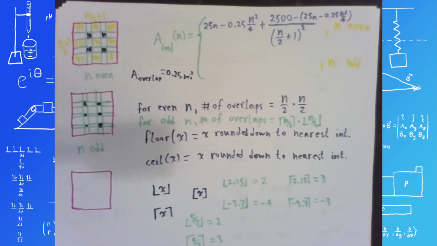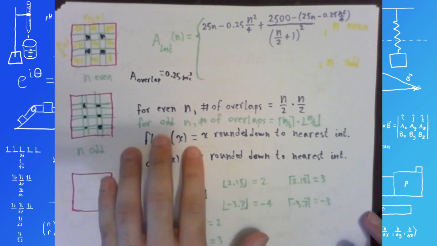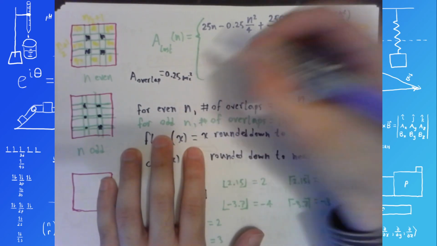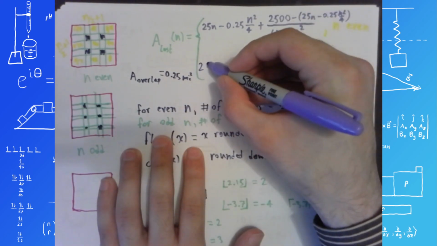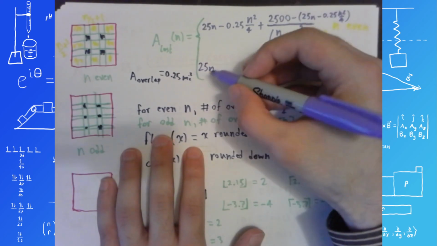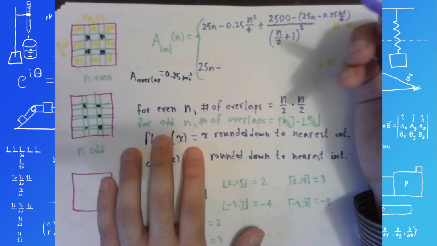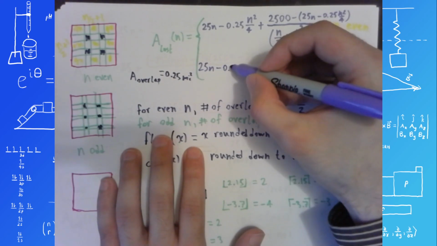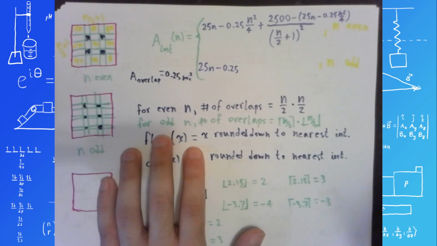Now, what about for n being an odd number? For n being an odd number, we'd have 25n minus 0.25 times, well, I can't do n squared over 4 this time.